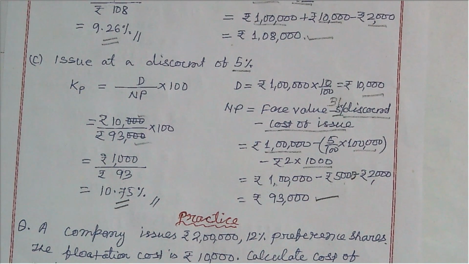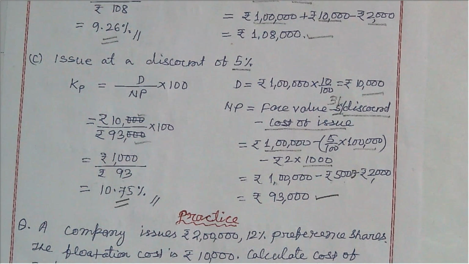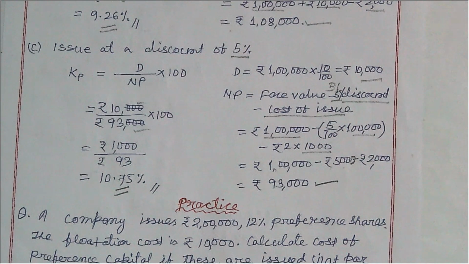But there you have to calculate after tax, before tax. Here no after tax, only before tax. If it is not mentioned in the question whether it is before or after tax, then you always calculate after tax.